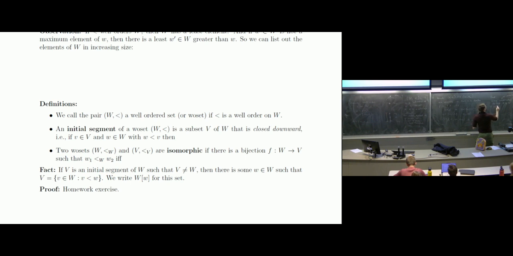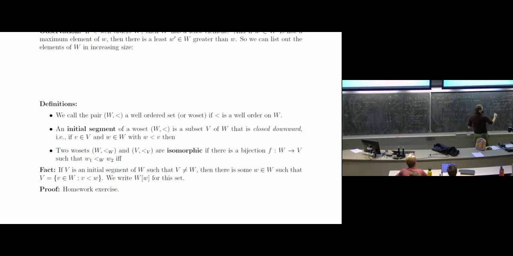It is of the form: it's the collection of things less than something. Okay, so it's the set of these in our big order which is strictly less than some w.